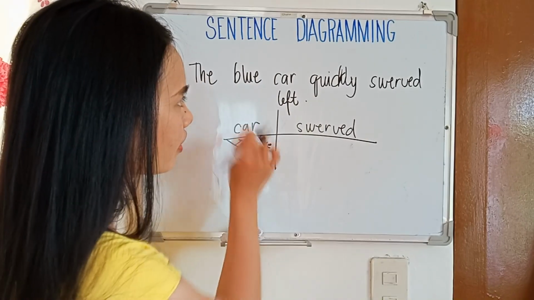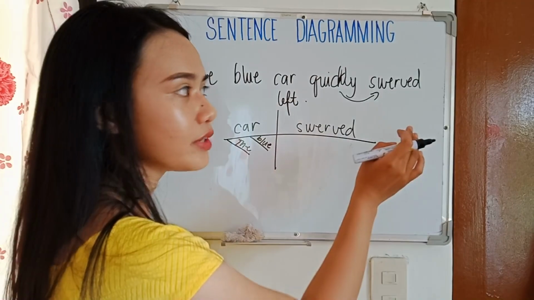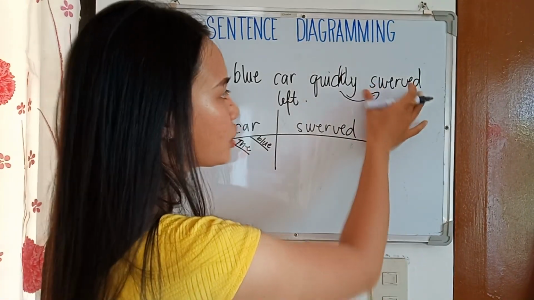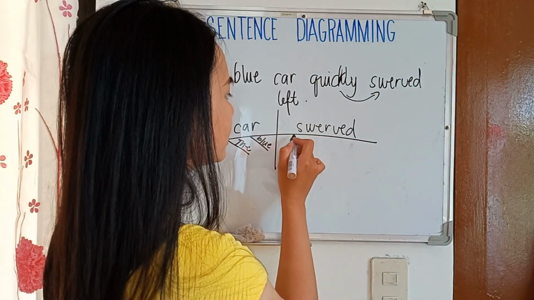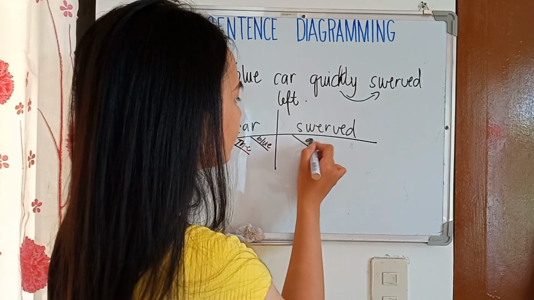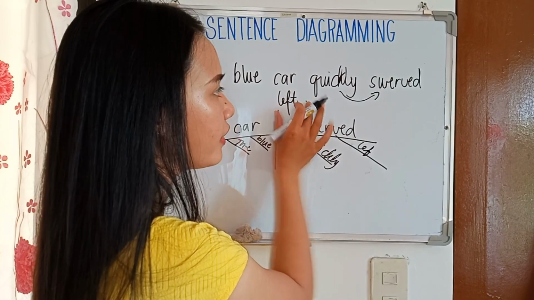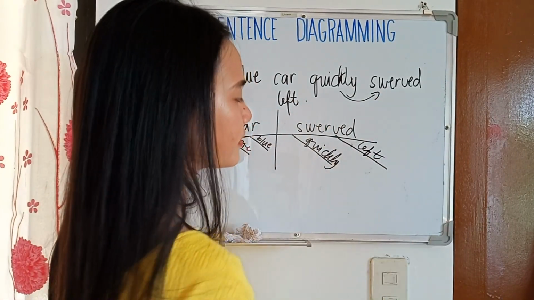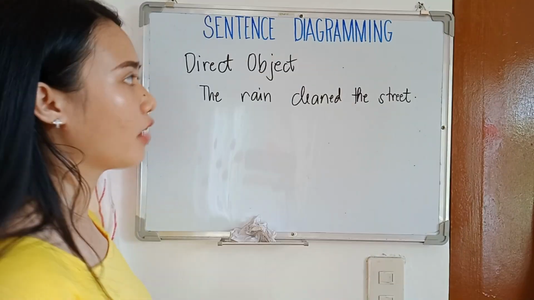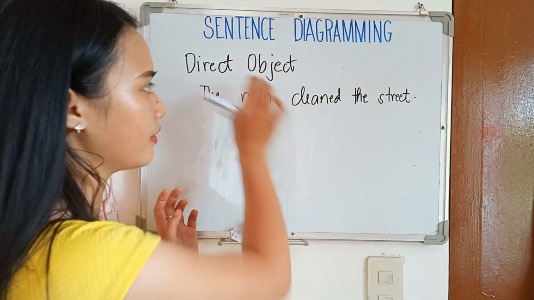So the blue car. Quickly here is an adverb describing the action of swerving. So we're gonna write here quickly. And another modifier that describes swerve is left.